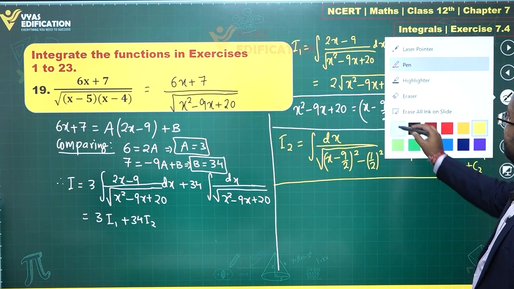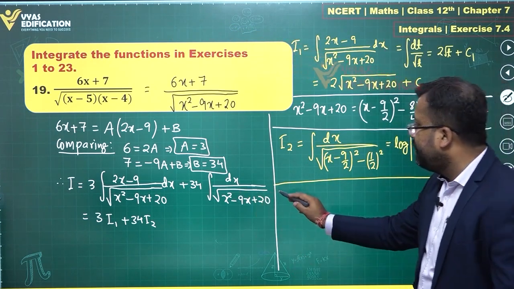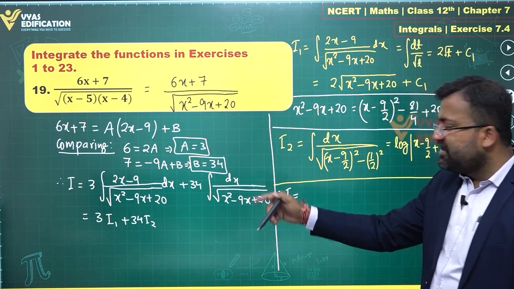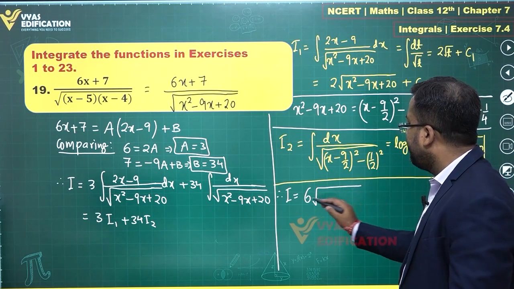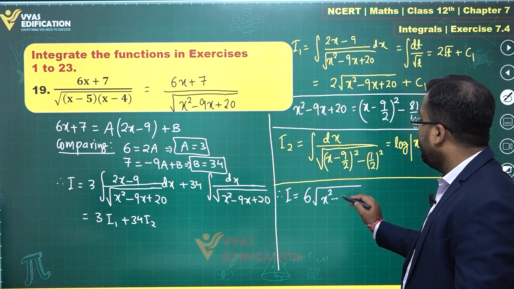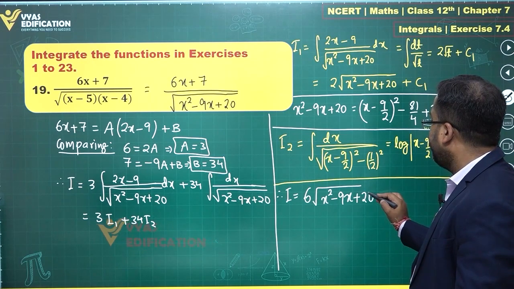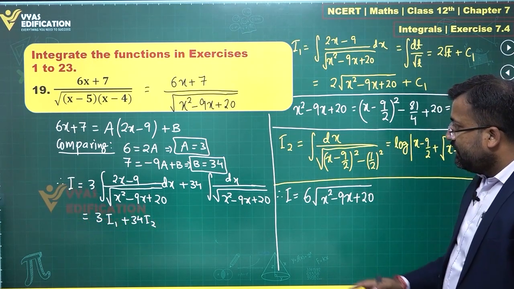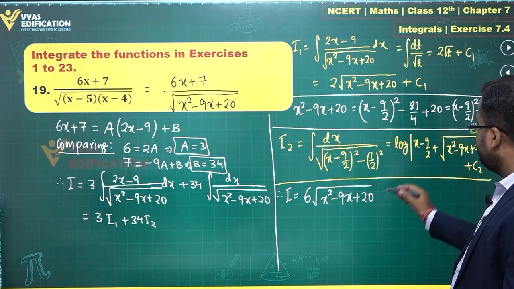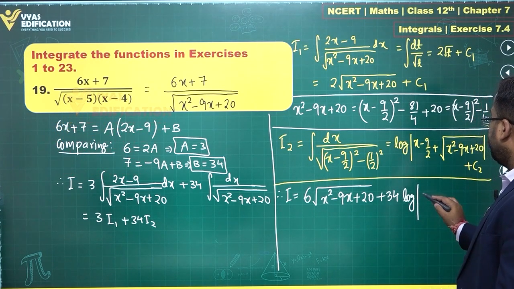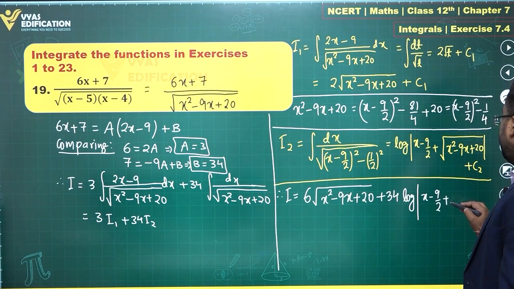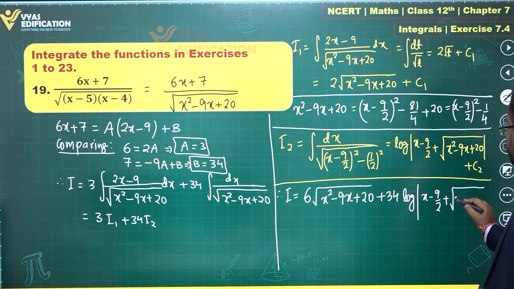Once you have found I1 and I2, now I can write the value of I. Therefore, I is equal to 3 times I1, 3 times this, which becomes 6 times under root of x square minus 9x plus 20, and plus 34 times I2, which is 34 times log of modulus x minus 9 by 2 plus under root of x square minus 9x plus 20, the modulus along with that.